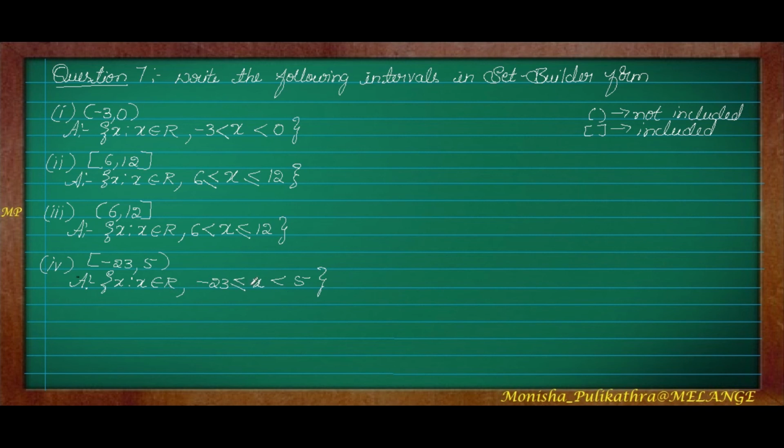So this is the way of writing the set in set builder method. The previous one is the roster method, whereas this is the set builder method. I hope you understood this.